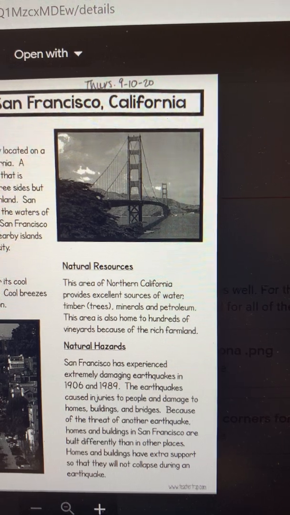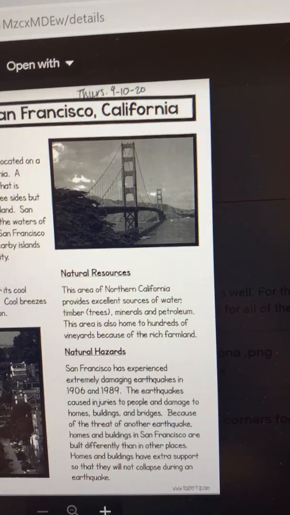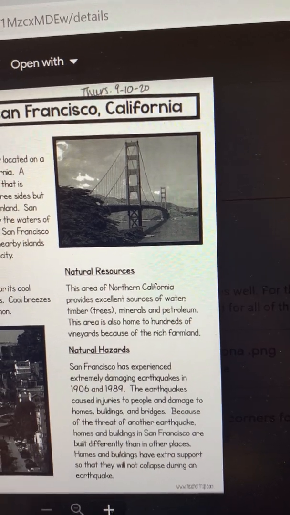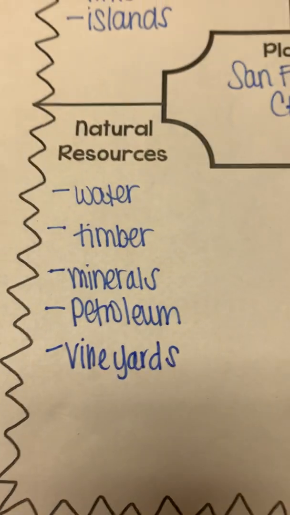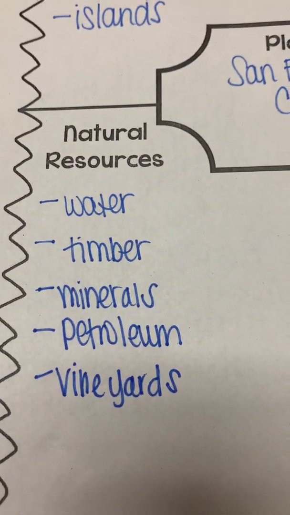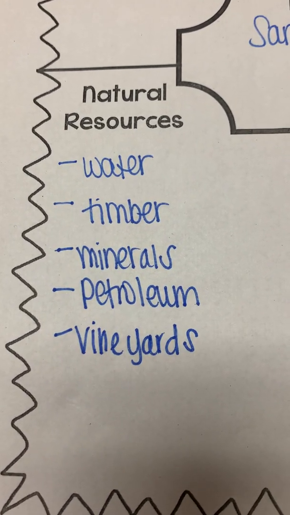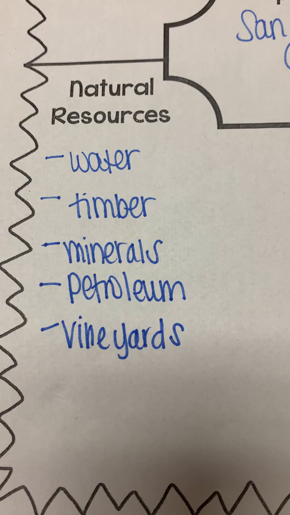Okay. And then it also says that there are vineyards, which means that that's very popular. I mean, anywhere where grape juice, things like that, anything that's made with grapes. And even grapes that go to the stores that you guys eat. Some of them come from this California area. So I wrote them all down as I looked through them.